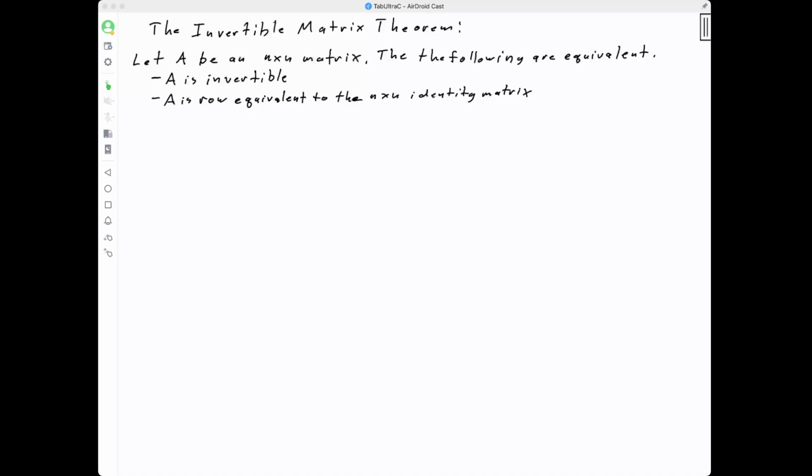Another way of thinking about this is that the reduced row echelon form of A is just the identity matrix. This is the same thing as saying that A has n pivot positions. What that's saying is that every column is a pivot column. There's a pivot position in every single column.